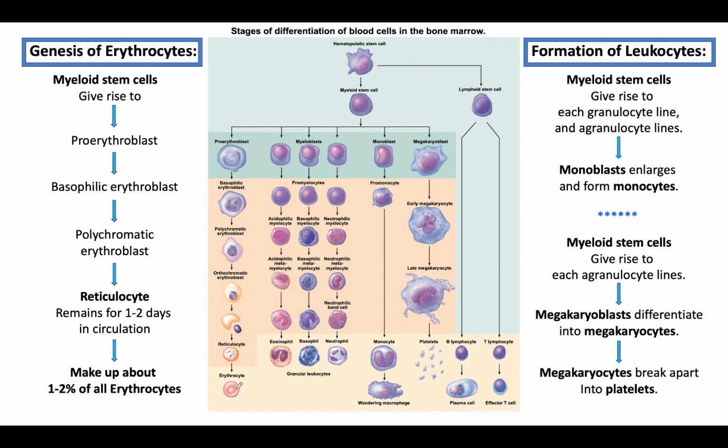So it's already built in throughout this process of differentiation. Also, red blood cells are worn out in 100 up to 120 days. When red blood cells are worn out, they are eliminated by phagocytes in the spleen or liver.